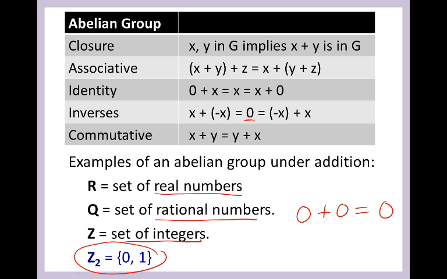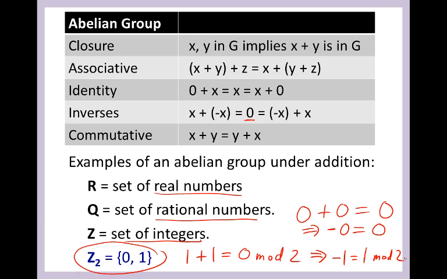So that implies that minus 0 equals 0, which we hopefully already knew. In Z mod 2, the additive inverse of 1 is 1, since 1 plus 1 equals 0 mod 2. So that implies that minus 1 equals 1 mod 2.